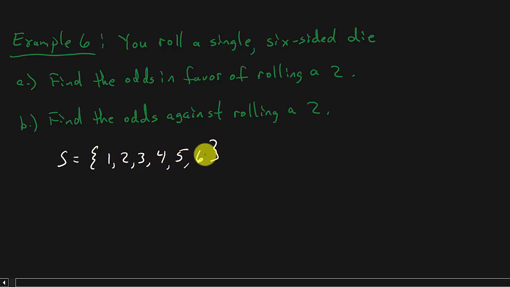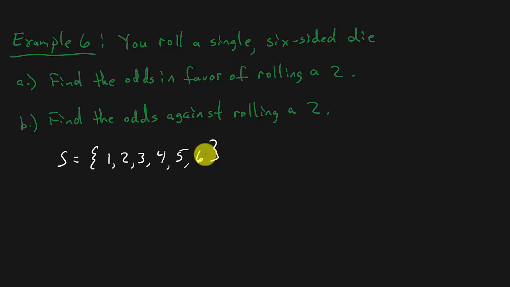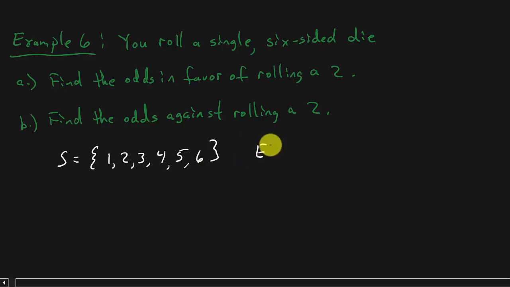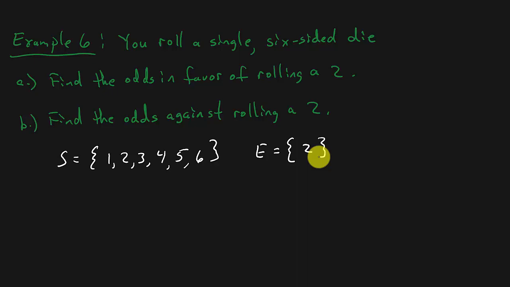That's all the possibilities that we can get, right? So event E is the odds in favor of rolling a 2. So that's getting a 2, right? That would be the event E of rolling a 2.